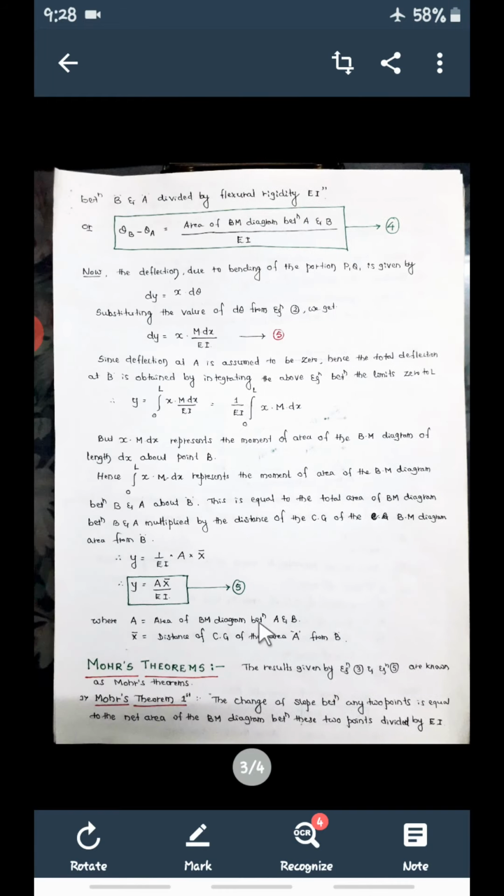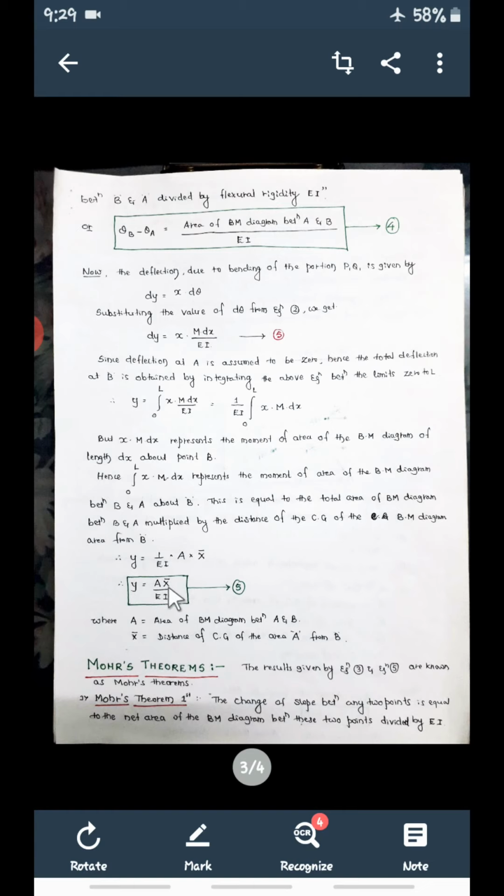So the total deflection between any 2 points is equal to the area of the bending moment diagram, A into x bar. A into x bar means moment: A is the area, multiplied by the perpendicular distance.